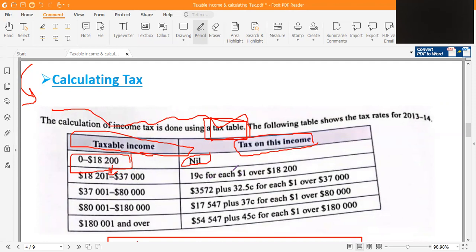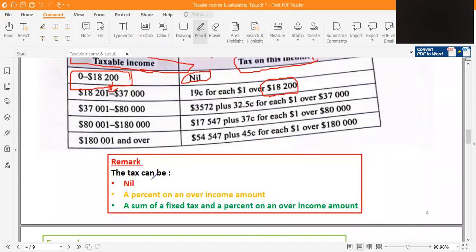So we multiply the excess amount of taxable income by 0.19, and so on. The tax can be nil, or a percentage on the over income amount, like in the second row, or a sum of a fixed tax and a percentage on the over income amount.